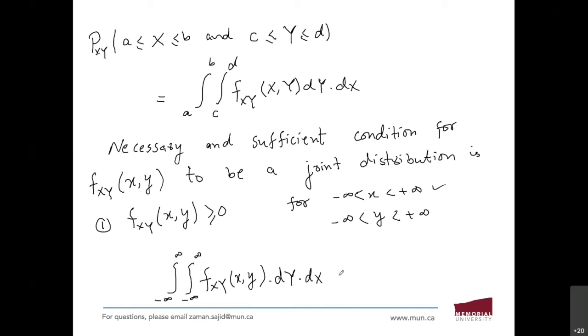These should be equal to 1. That is my second condition for the joint probability distribution of continuous random variables. This is 1. Folks, I need to go to the next slide, please.